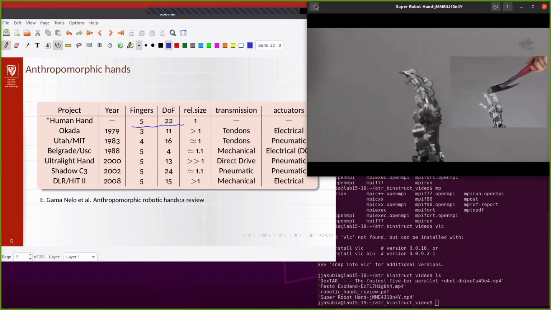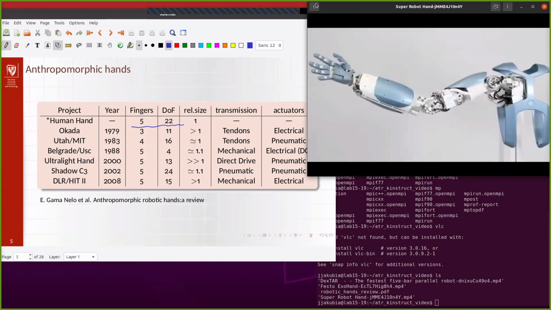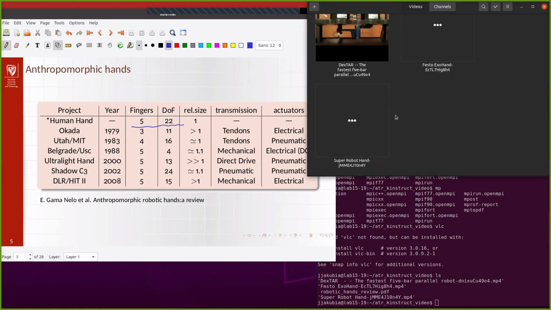But what we have with the tendons is that when you apply the force, the length of the tendons can change. So you have some uncontrolled movement that may appear. On the other hand, they can be reliable and robust to the impact forces, as you could see on the video.